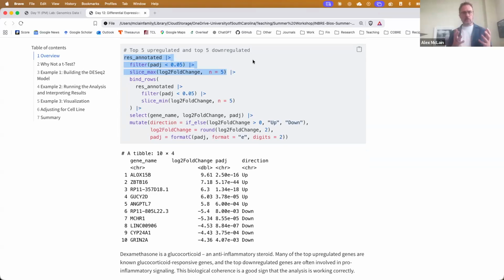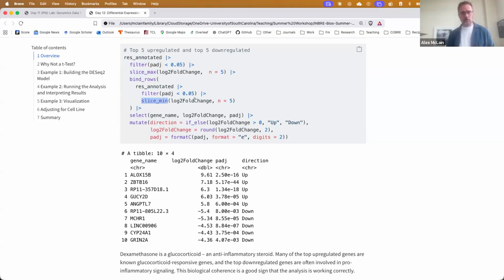So this slice max function will only keep the 5 rows that have the largest log2 fold change. We're doing the same thing down here, taking the results and filtering by 0.05. This time we're using the slice min function.